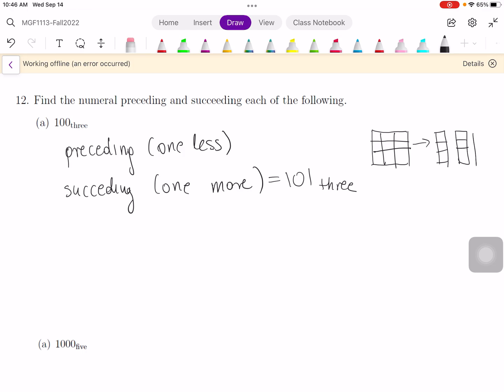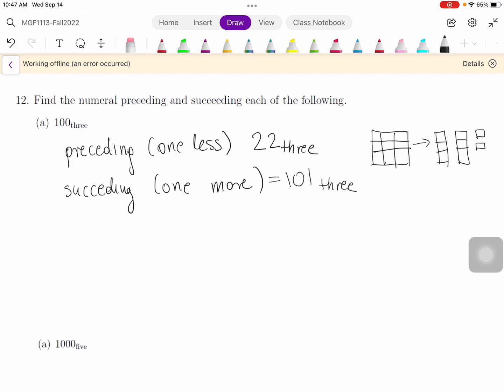Make 3 longs, and then once you have 3 longs, you can remove 1 long, so that one of the longs would have to be split into 3 units so that you can take 1 unit away, right? And so the preceding number would be what? 2 longs and 2 units.